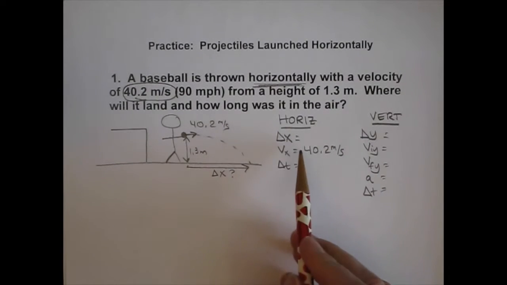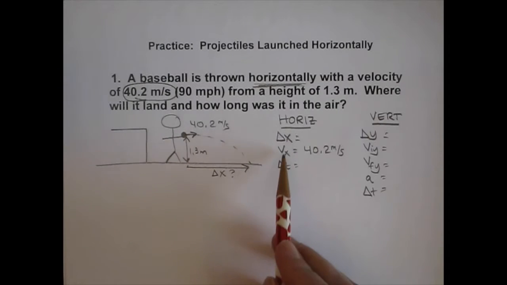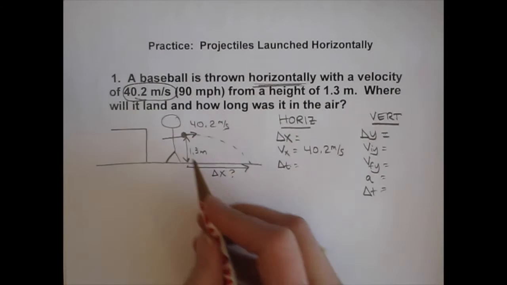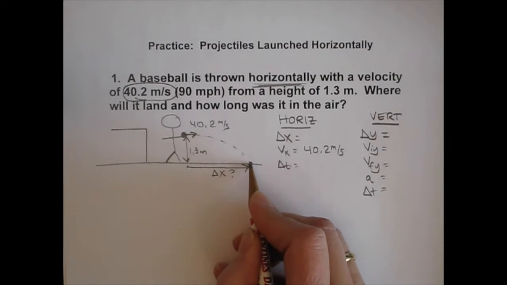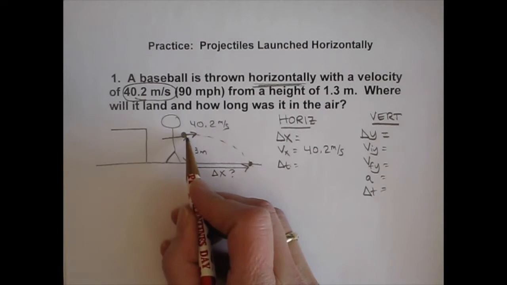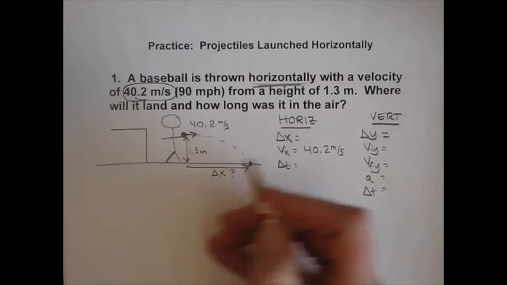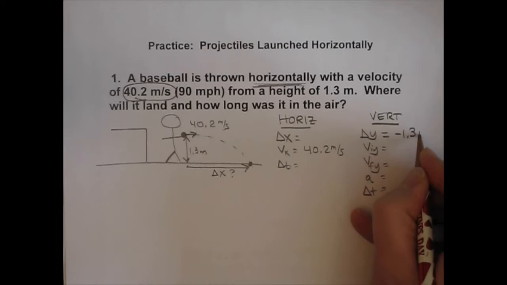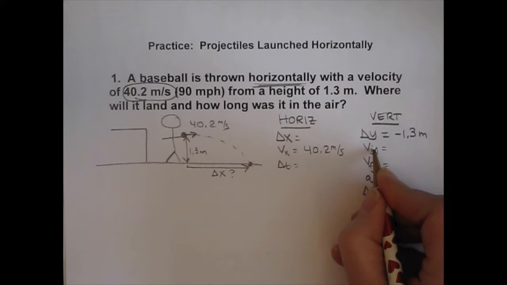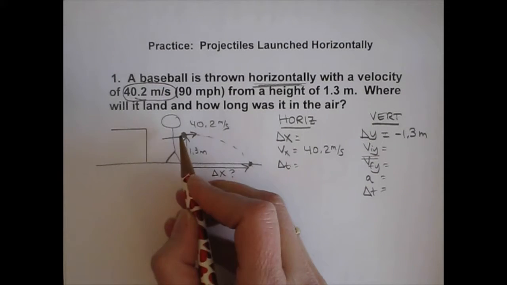Let's see. I don't know delta x. I don't know the time it was in the air. Do I know delta y? Well, the point in time I'm interested in is here, when it lands, and the delta y, the displacement from there to there, is negative 1.3. It was downward 1.3 meters from where it started. Initial vertical velocity. Whenever you see this, translate it to initial vertical velocity.